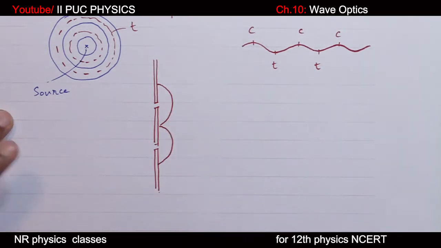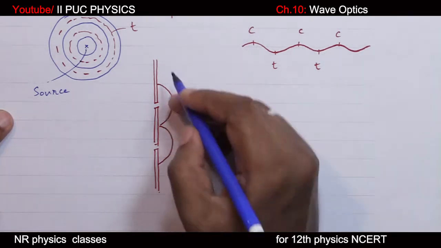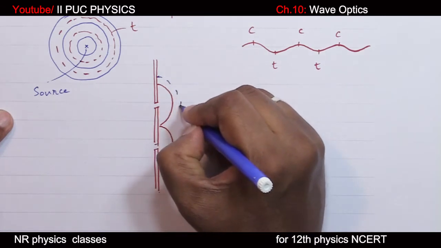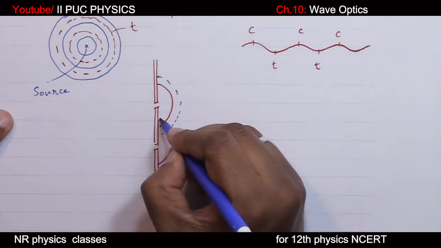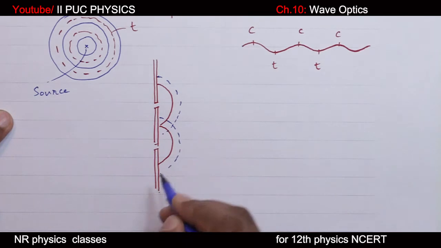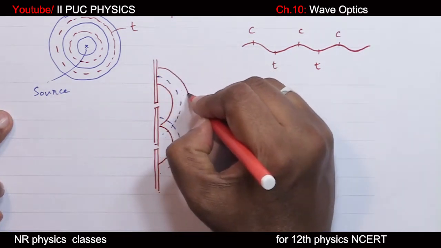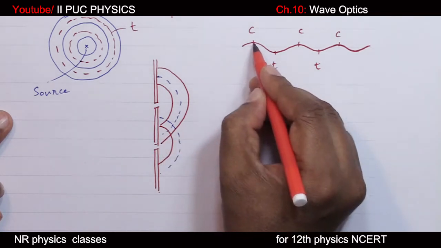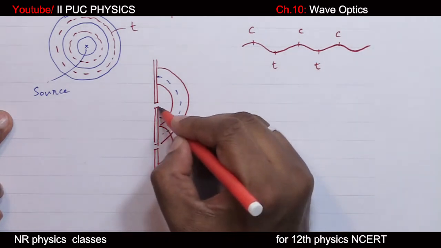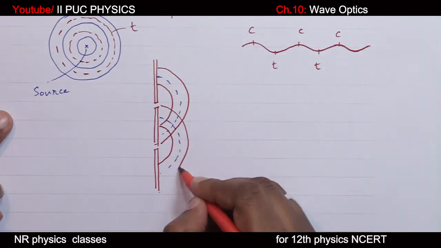After crest, there should be trough. Trough is represented by dotted line. After that, I should represent crest, crest, trough, crest. Then like this.